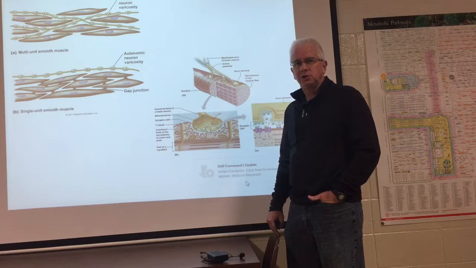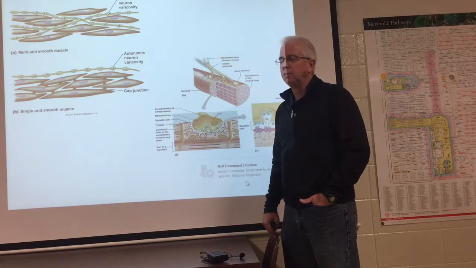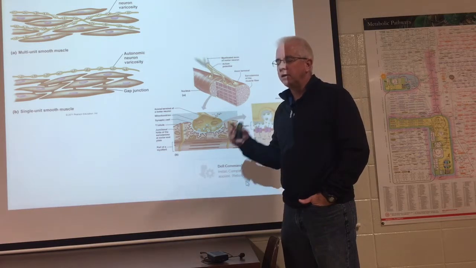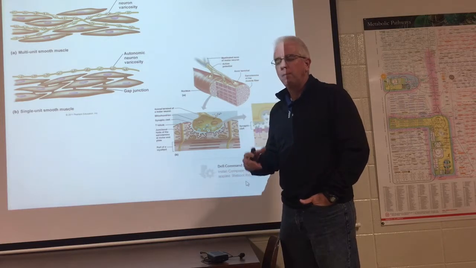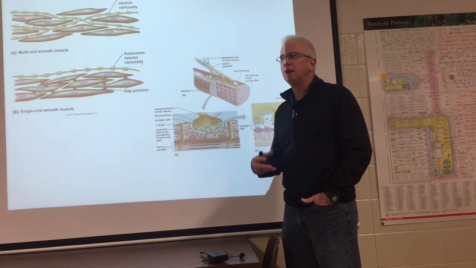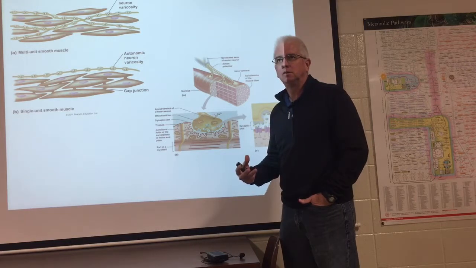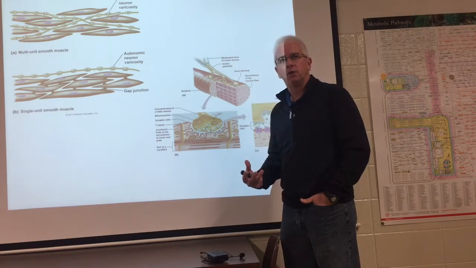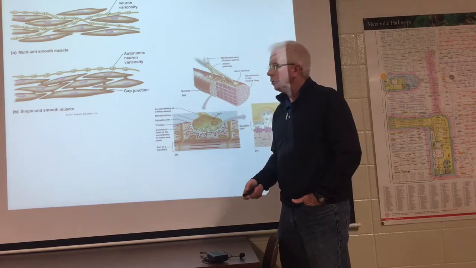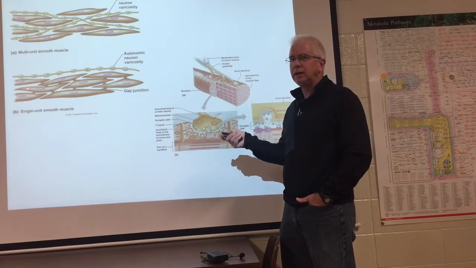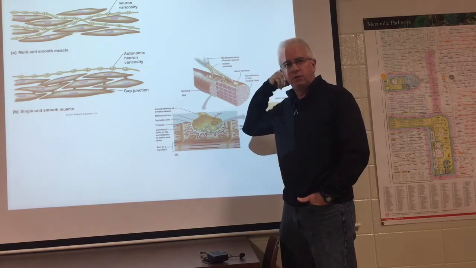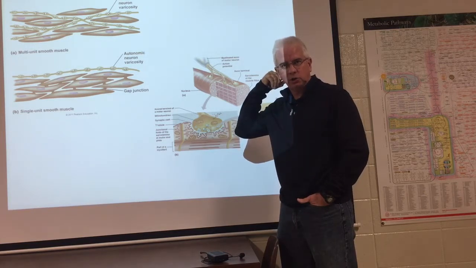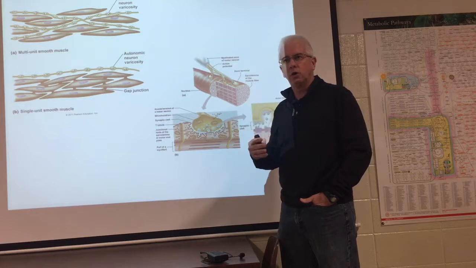And the innervation patterns are unusual apparently because of the ability of those cells to connect to each other. In other words, you don't really need to stimulate each individual cell here if you want the entire mass to contract. So that's the way it works with your heart.